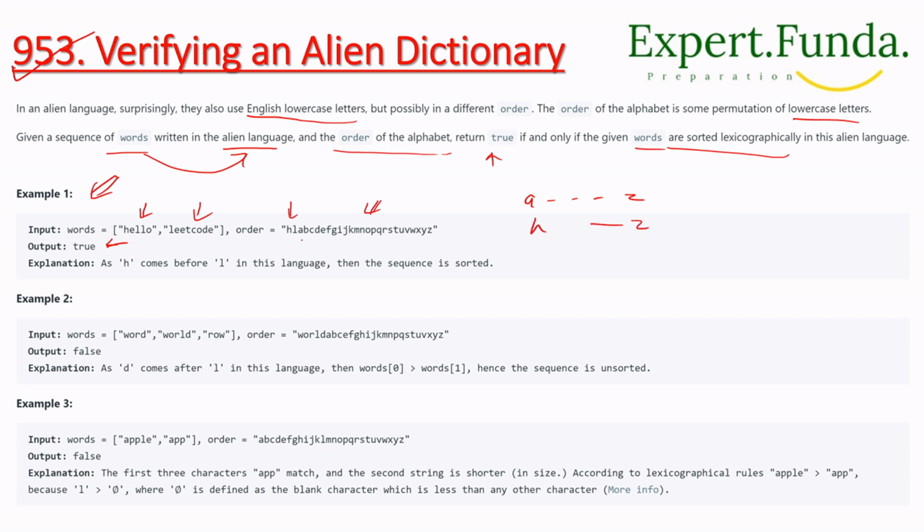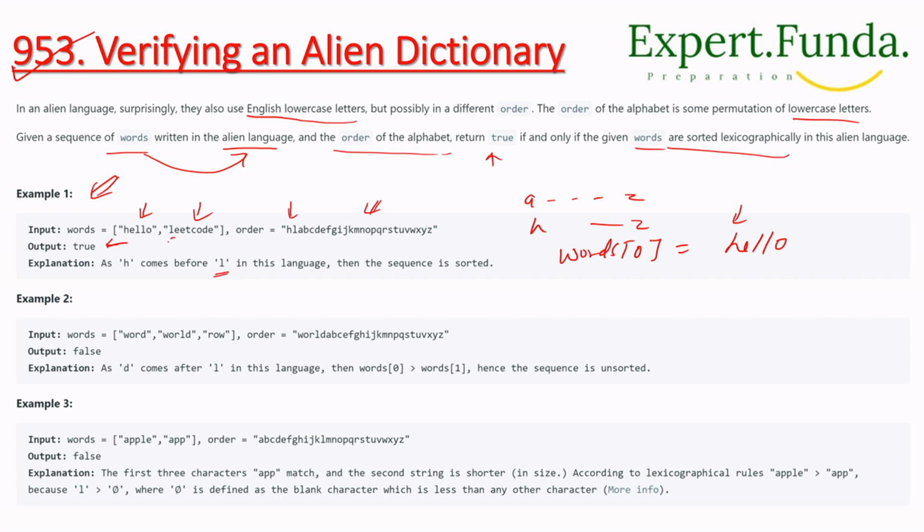So we have to see here, the first letter. If we talk about the word at index 0, hello, the first character is H, right? So H comes before L, and we can see that here. So we check whether H is sorted with L. Yes, it is sorted.